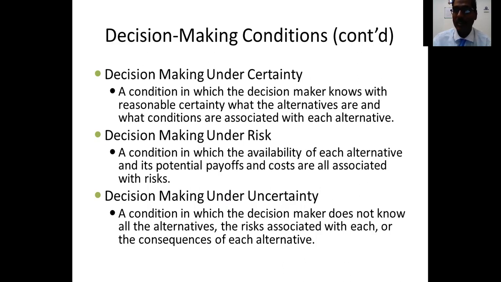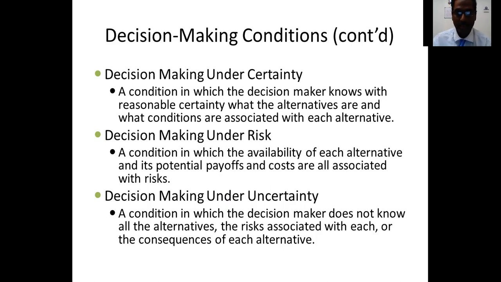Then after some time, he realized that changing the hiring standard may be time consuming. So he chose the best one, which is increasing the wages. So under certain conditions, the risk is very low and the decision he can take is better because he knows the problem.